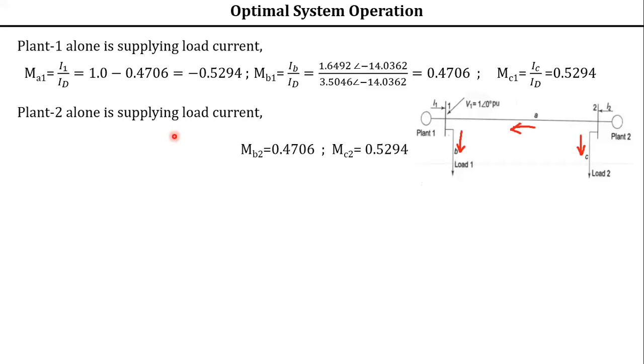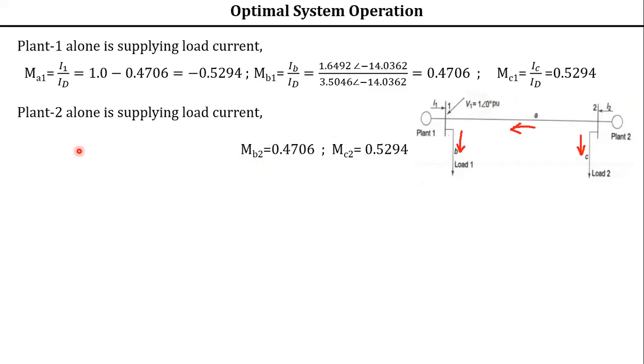So I will show it to you here. Instead of MB1, because plant 2 is operating, I will write MB2 and MC2. The 2 indicates plant 2 alone is operating. So what are the values? They are the same as in the previous case, so directly you can write it. Understood? Now what is MA2?